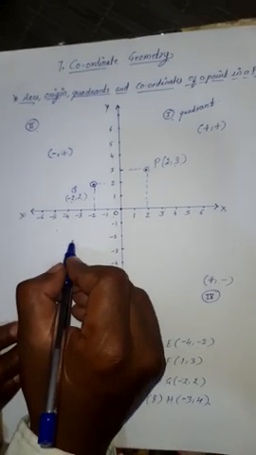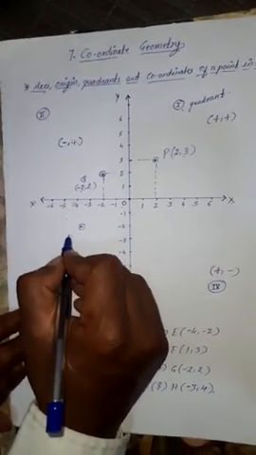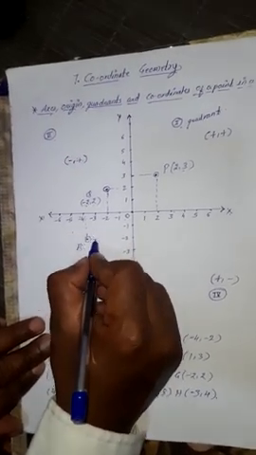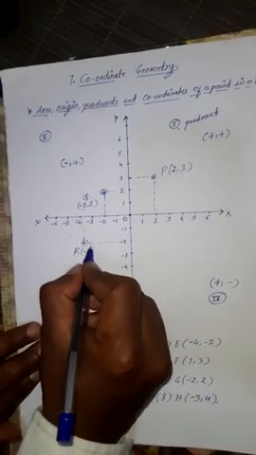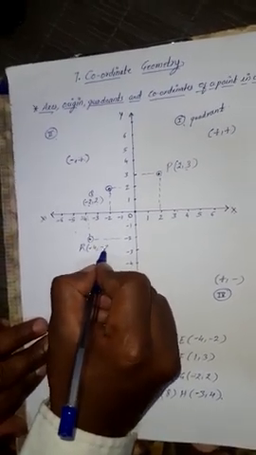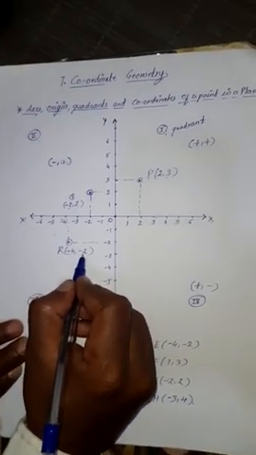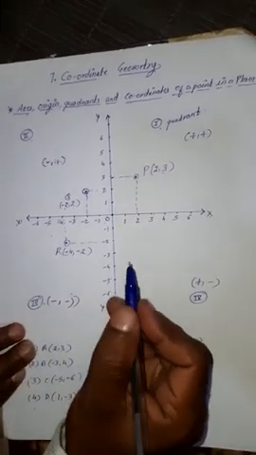In the third quadrant also, let me take one point here, and name it R. If you draw a perpendicular, here the x coordinate is negative 4 and the y coordinate is negative 2. Here both are negative, so this point comes in the third quadrant. Similarly in the fourth.